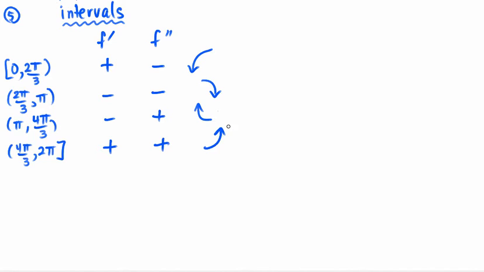So we can start to sketch this graph out, and I know that it is only defined from 0 to 2 pi, and I know that if I substitute in 0, it goes through 0, 0, and if I substitute in 2 pi, it ends up being quite high.